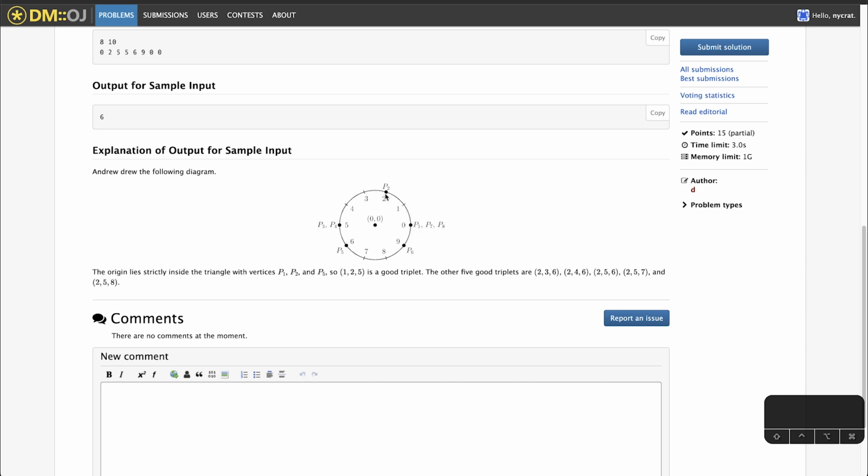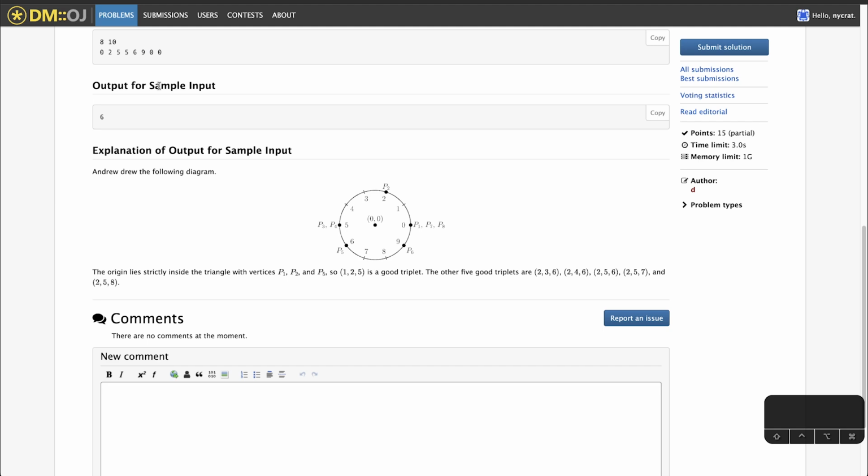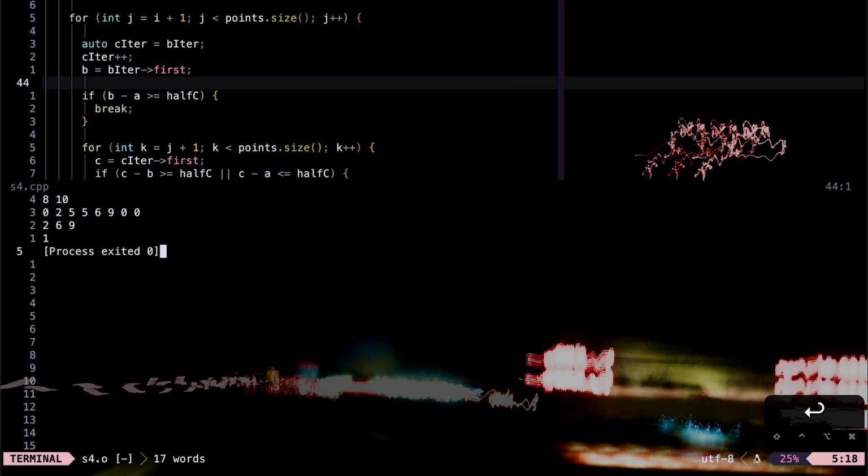Difference between 0 and 2, right, is not greater than half C. Difference between 2 and 6 is not greater than half C. Do we check that?